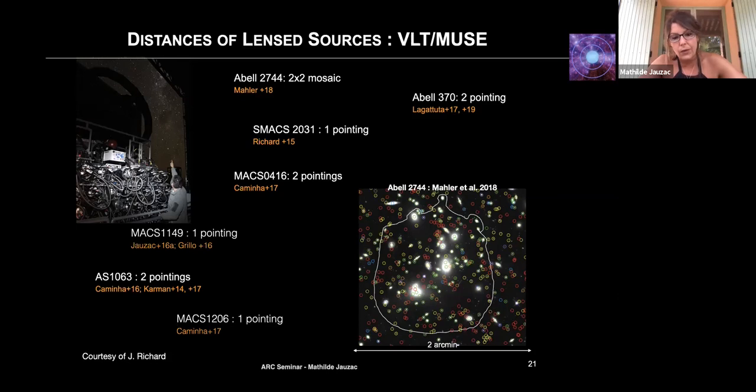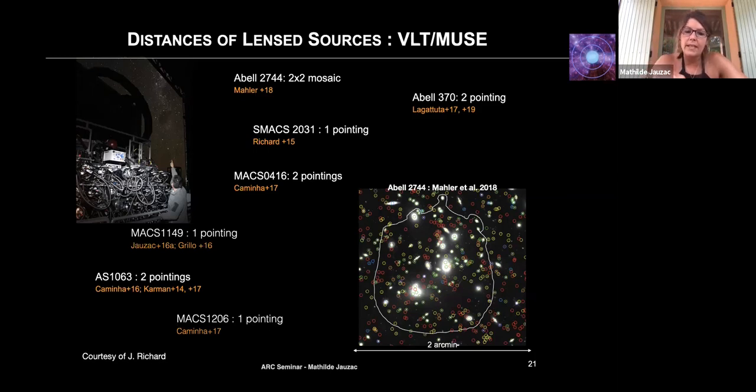MUSE is an IFU, with a field of view of 1 by 1 square arcminute. This is absolutely ideal because this is roughly the size of the core of a galaxy cluster at redshift 0.3 to 0.5.